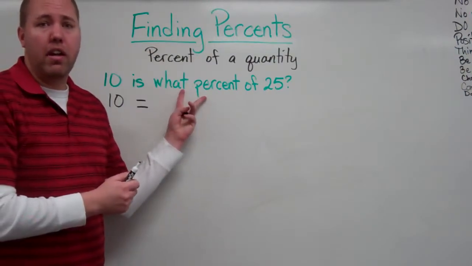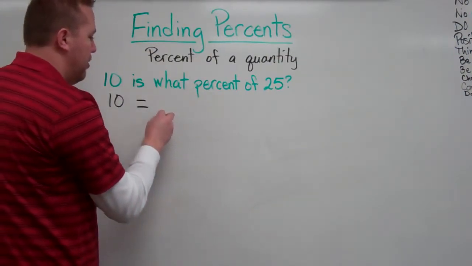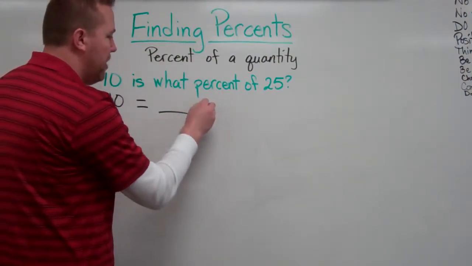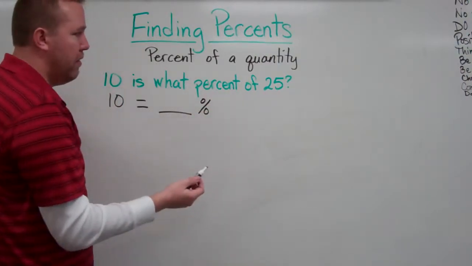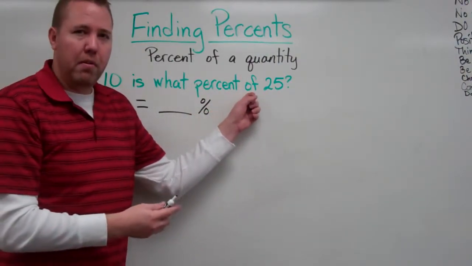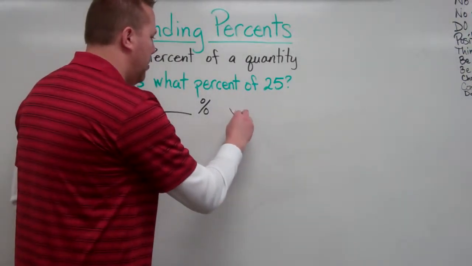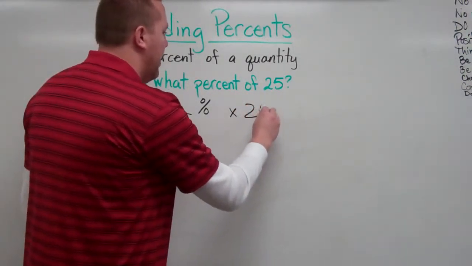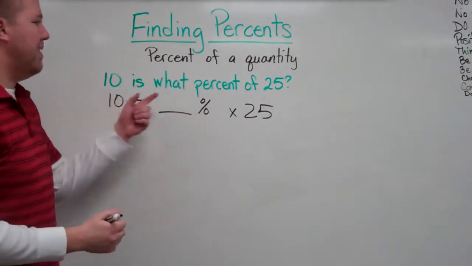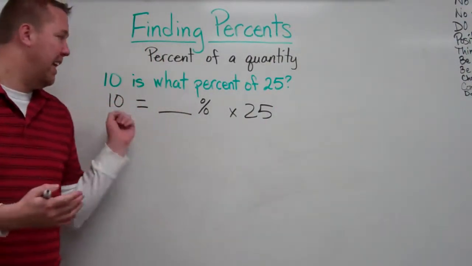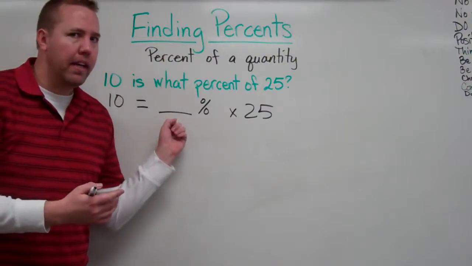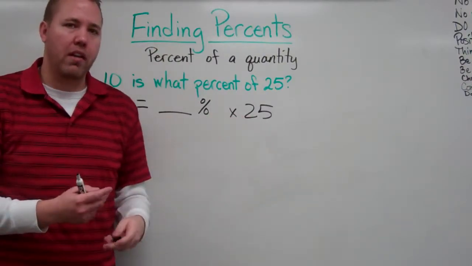This is what we're looking for. So this is our unknown. So blank percent of, if you remember back to multiplying, of is a multiplication symbol, 25. Okay. So we've changed that. 10 is what percent of 25 to 10 equals something percent times 25.